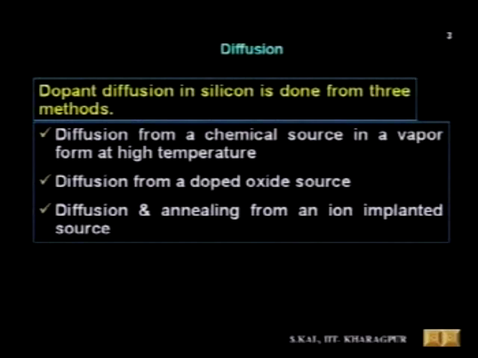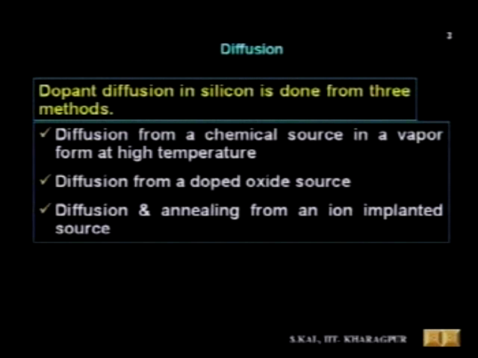And the second is diffusion from a doped oxide source. Sometimes a doped oxide, that means an oxide layer which is doped with impurity atoms, is deposited on the silicon surface. Then the silicon substrate along with the doped oxide is kept in a high temperature diffusion furnace, so that from the doped oxide the dopant atoms will penetrate into the silicon, diffuse deeper into the silicon, and the conductivity of the silicon layer is changed.